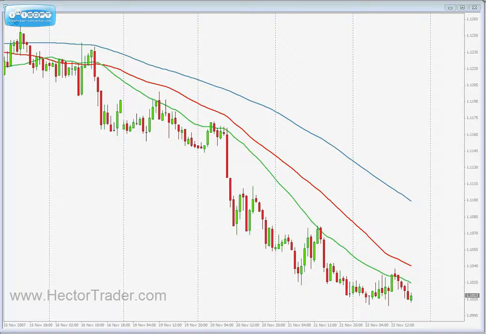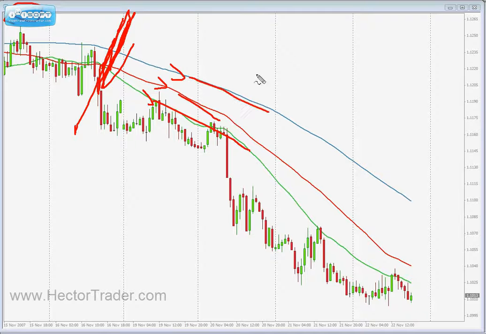First of all, the chart you've been seeing throughout this video is the USD against the CHF in the 1 hour time frame. At this moment in the chart, the moving averages fall in place. As you can see, the 30 is below the 50 and the 50 is below the 100. Moreover, price is nowhere near the 100, and all of them are parallel to each other.